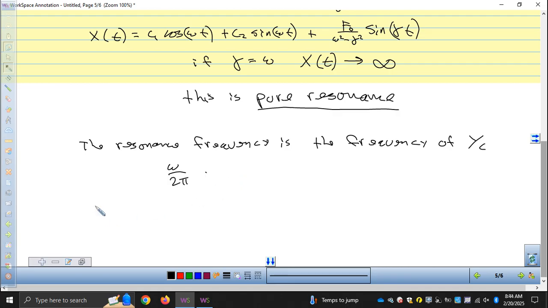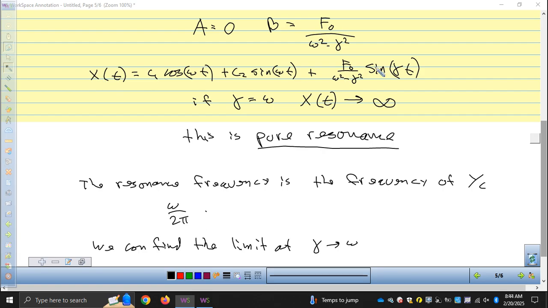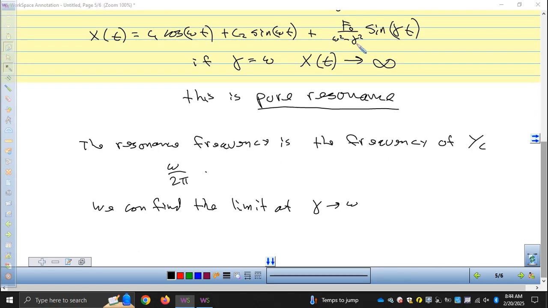We can find the limit as gamma approaches omega. So this is our function. We're going to apply L'Hopital's rule and differentiate with respect to omega. I'm just going to say LH rule, L'Hopital's.